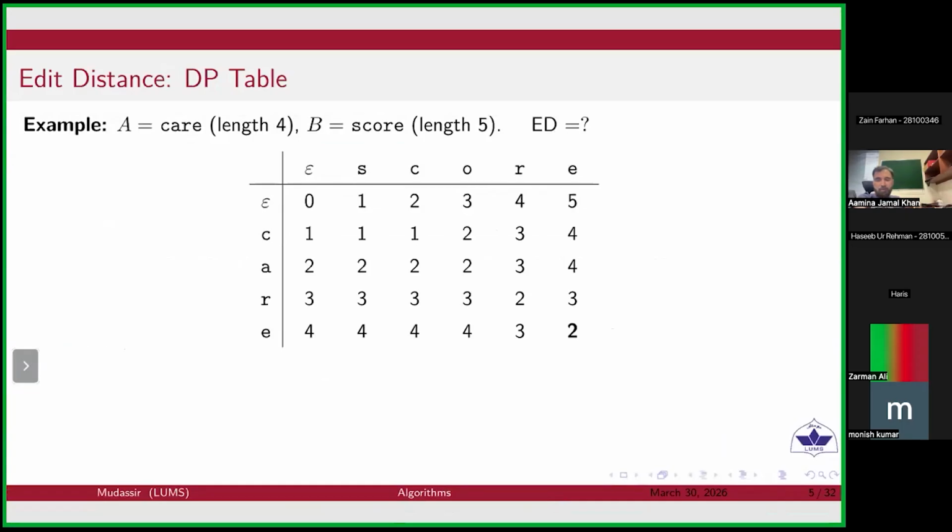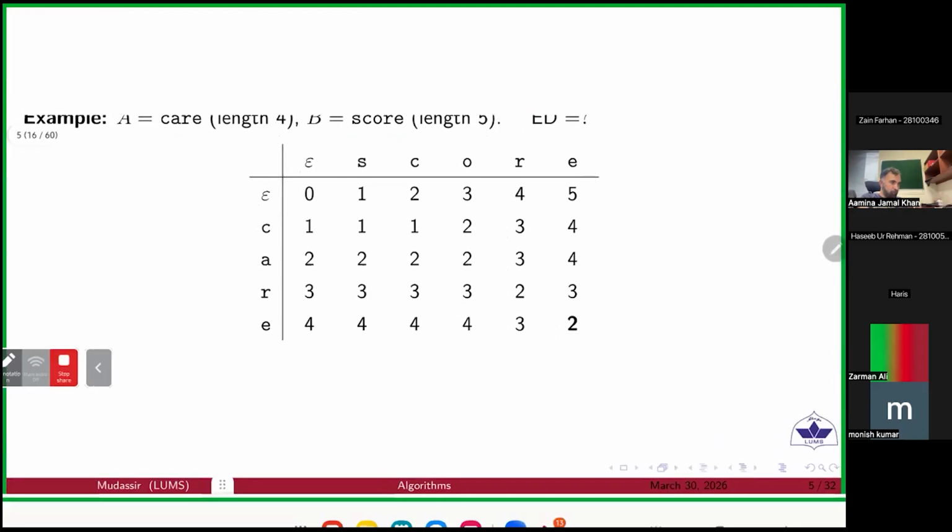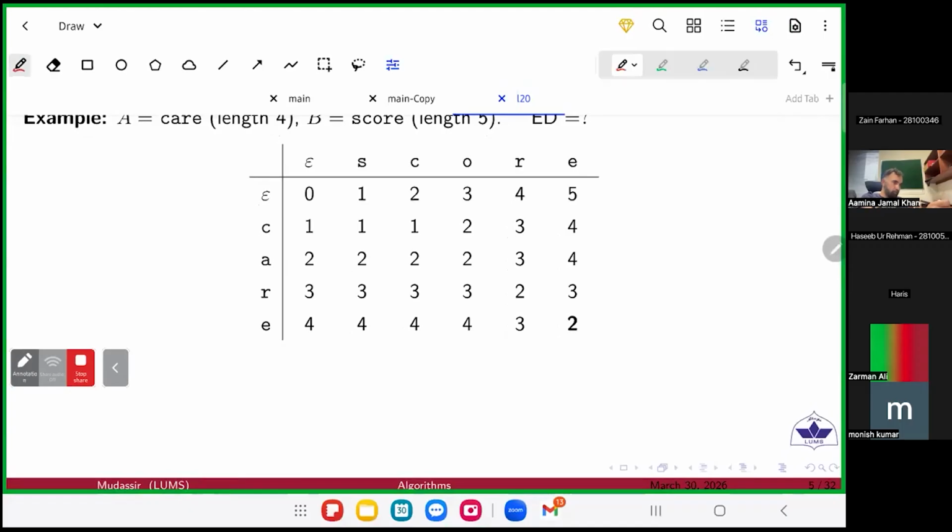Okay, ये टेबल भी हमने लास्ट टाइम फिल आउट किया था. So, but if you want to find out how do you transform string A to string B, what you need to do is you need to follow the minimum cost value.